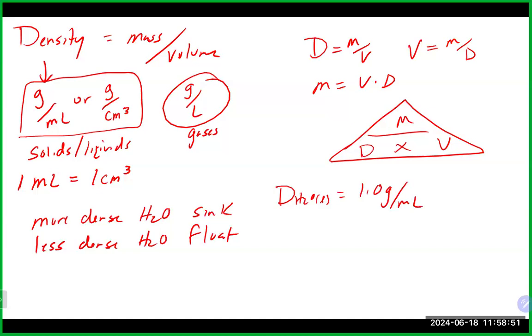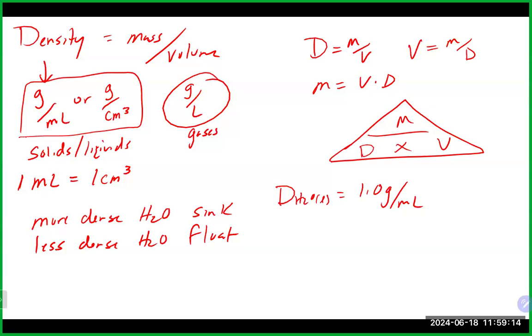Density values actually do change with temperature, so depending on the temperature, the density value will change. But in general, if you ever need the density of liquid water and it's not given to you, 1 gram per milliliter is a pretty safe value to use, but it does change.